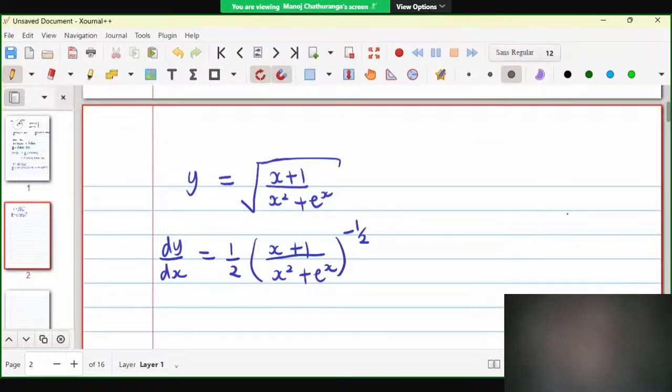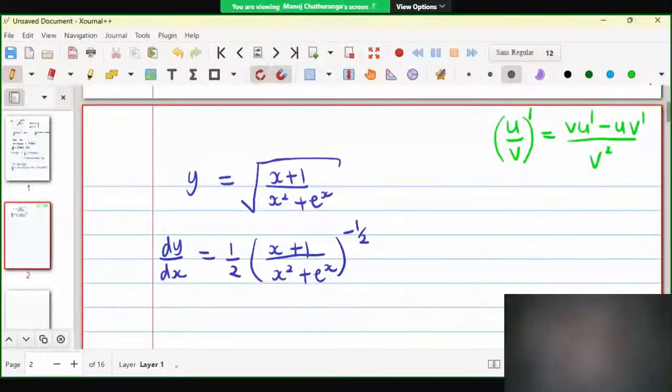Take this part and apply the quotient rule. The quotient rule says if you have u divided by v, the derivative is v u prime minus u v prime, divided by v squared. Since there's a minus sign in the numerator, we have to be careful and keep the order, otherwise we get a wrong answer.